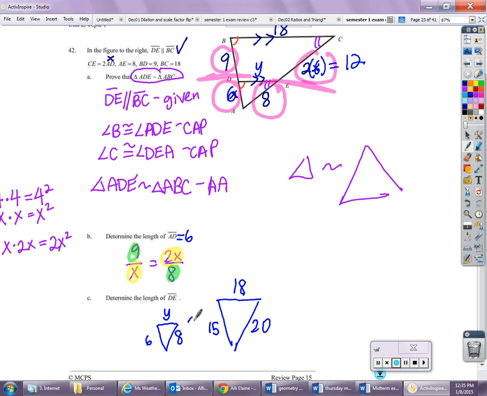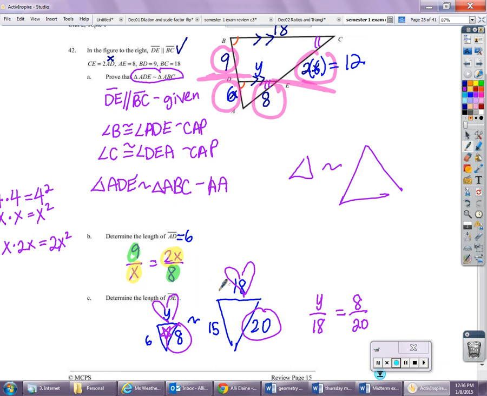And I know the two triangles are similar. So I'm just going to set up my proportion. I know Y has a partner, and it's 18. And 8 has a partner, and it's 20. And I don't need another partner. So Y's partner is 18. 8's partner is 20. I put this triangle on top. And I'm just going to cross multiply.